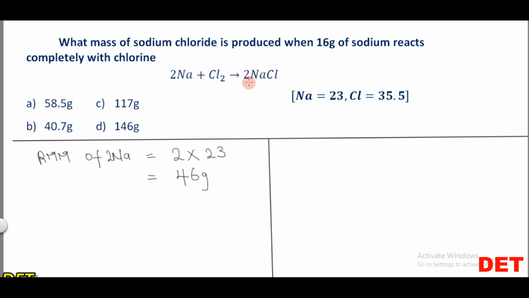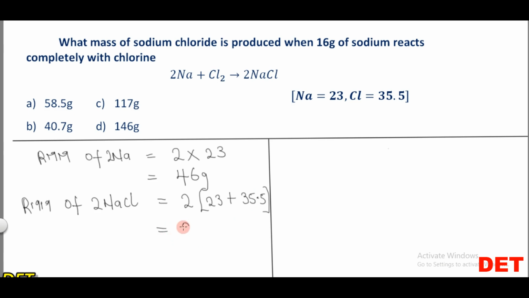Then we're also going to calculate the relative molecular mass of sodium chloride. The RMM of those 2 molecules of sodium chloride will be equal to 2 times, open bracket, the relative atomic mass of sodium, 23, plus the relative atomic mass of chlorine, 35.5, bracket close.